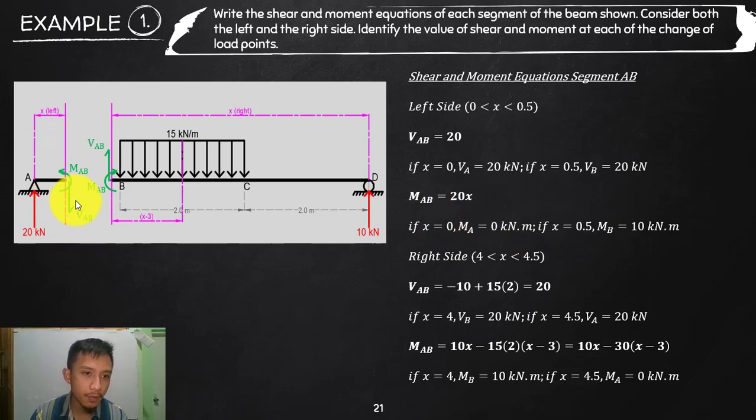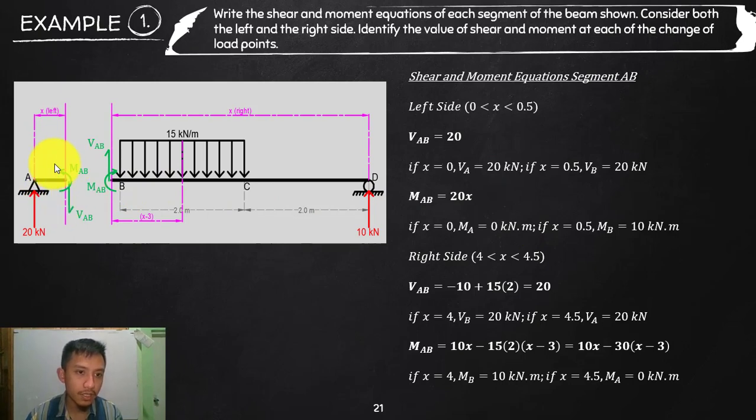For me to get rid of your V, I will take a moment at this cross section. Take a moment here. Then, same thing, summation of moment, it's up to you: clockwise positive, counterclockwise negative, and then bring out the MAB. But again, if you are used to doing that, all I need to suggest is look at this.